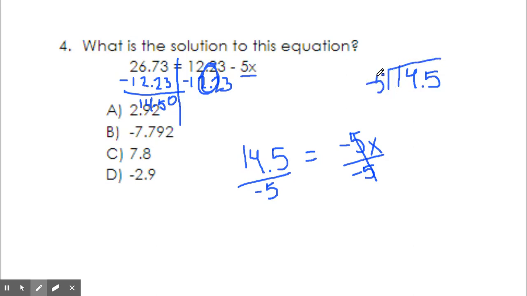A positive divided by a negative is a negative. And then I'm just going to divide as if it's a regular 5. So 5 goes into 14 2 times, which is 10. And I have 4 left over, but I'm not done. I've got a decimal to bring straight up, 5 to bring on down to keep going. And 5 goes into 45 9 times, so the answer is negative 2.9.